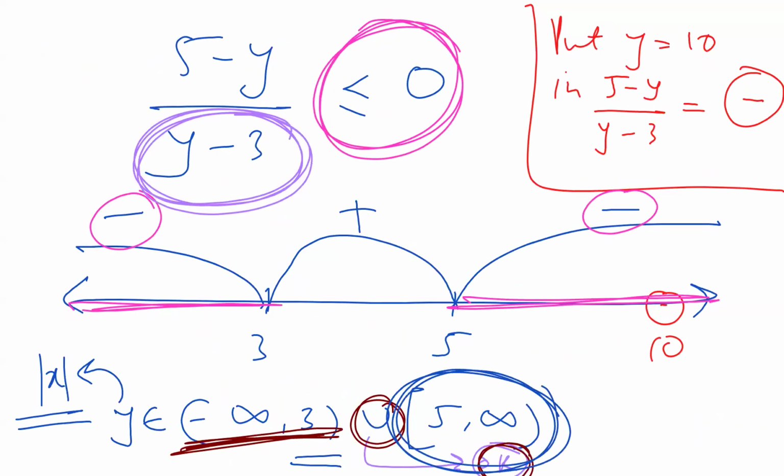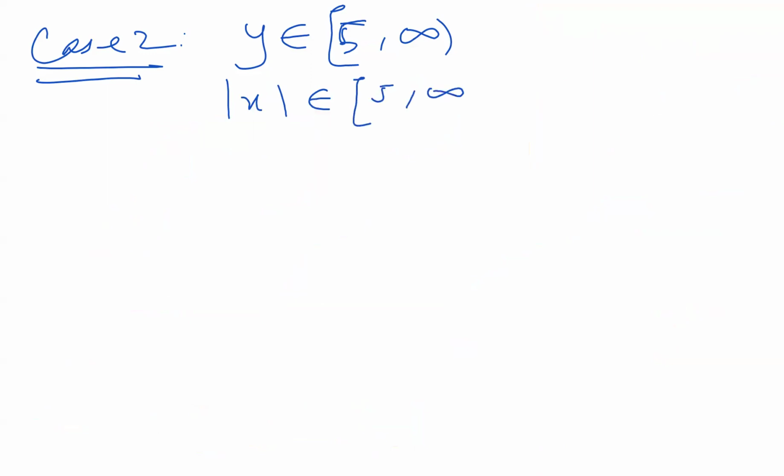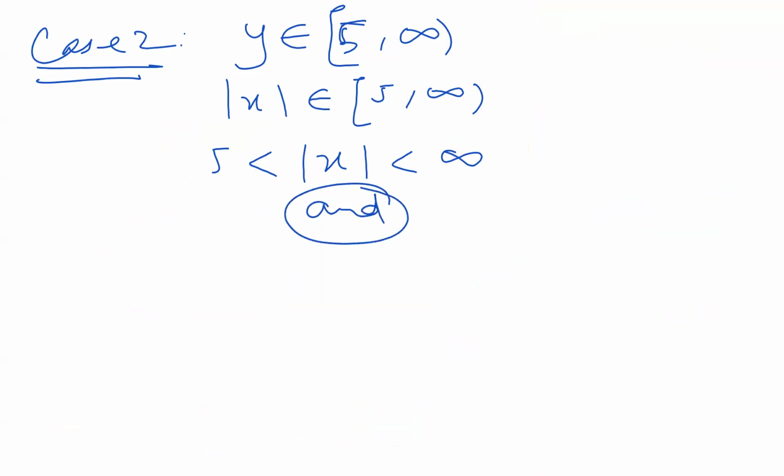Y belongs to 5 comma infinity, but then 5 is box bracket. But then y is modulus of x. So modulus of x lies between 5 and infinity. Now again there is "and", because it's a double inequation.